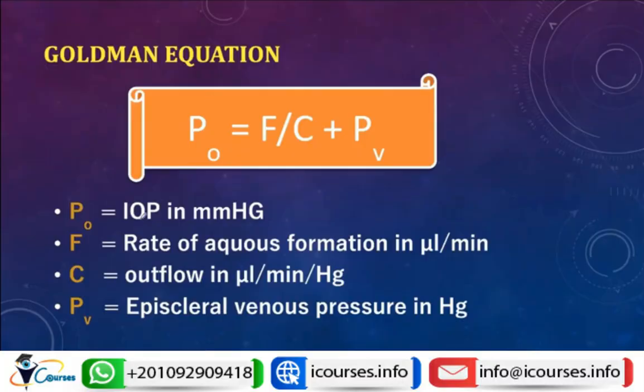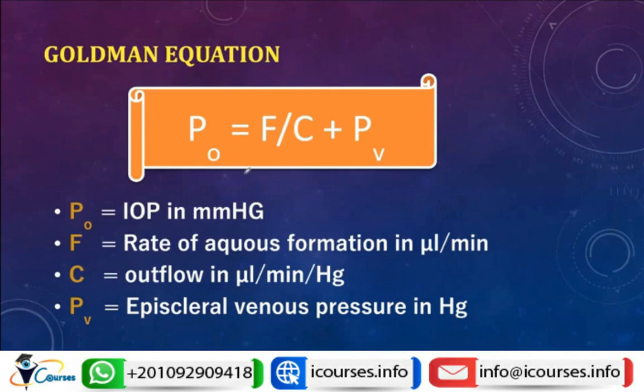So what are the factors that control the intraocular pressure? These factors have been summarized by Goldmann. Goldmann made an equation that assesses the relationship between the different factors that control the intraocular pressure.